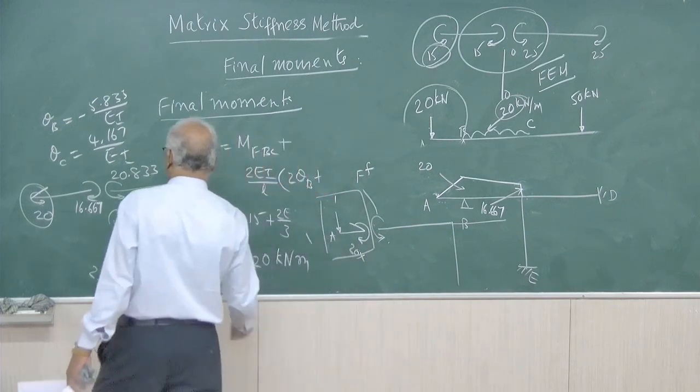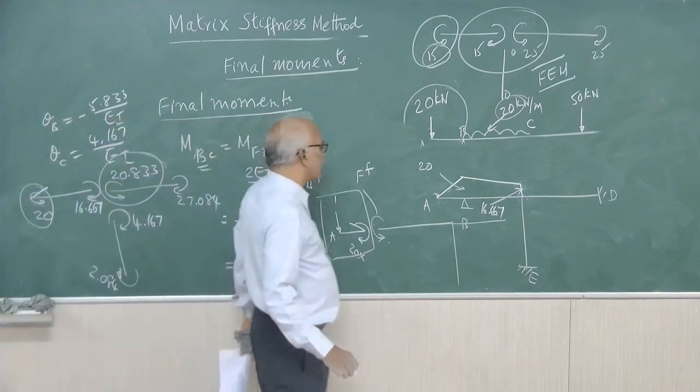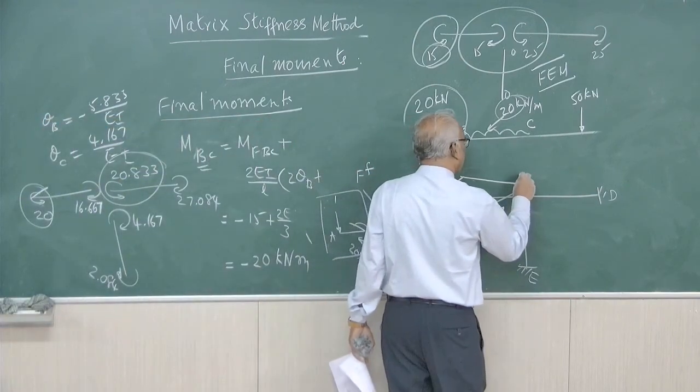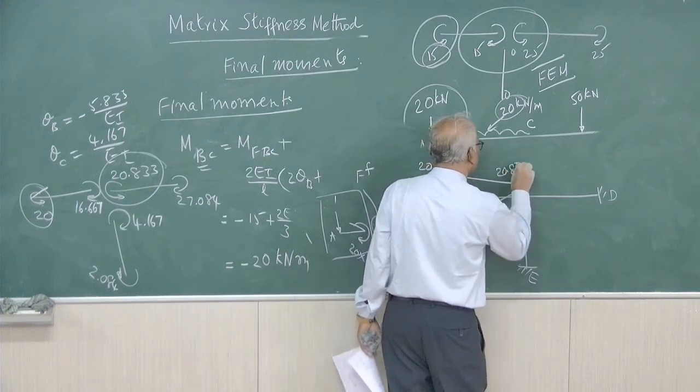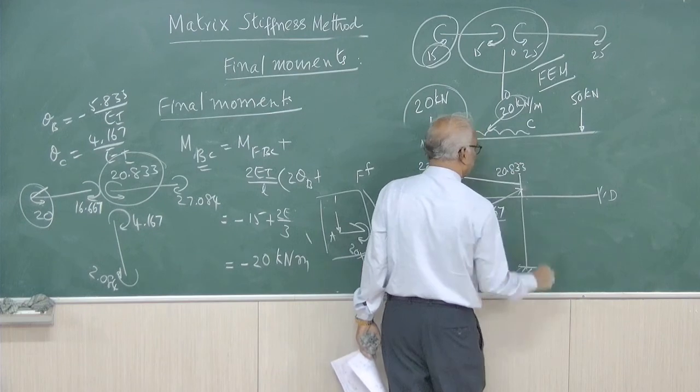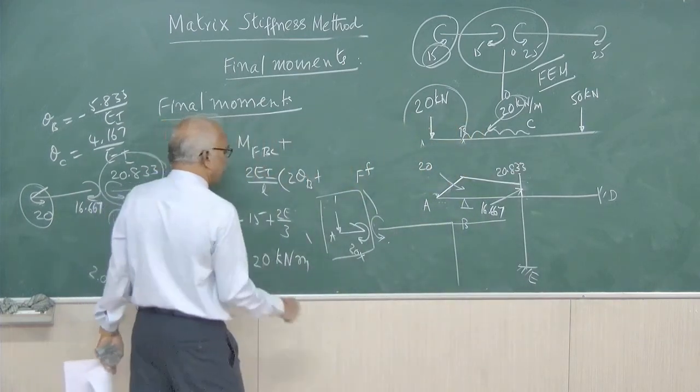Now, for this member it is minus 20.833. Therefore, here for this member it is 20. So, this value is 20.833, this value 20.833, and here it is 27.084.